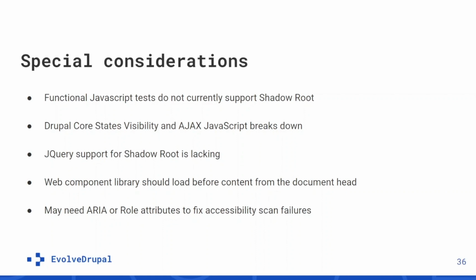That test will now fail. Even though there is a link tag inside that web component, your functional JavaScript test can't see it. It can't select it because it's inside that shadow root. There are methods to fix that. We'll get into that in a second.